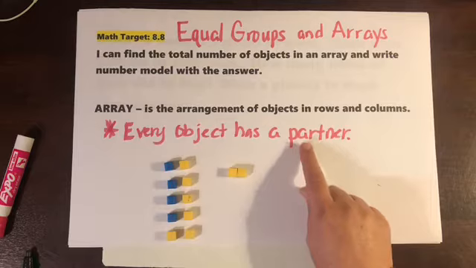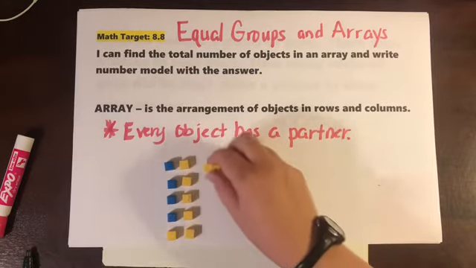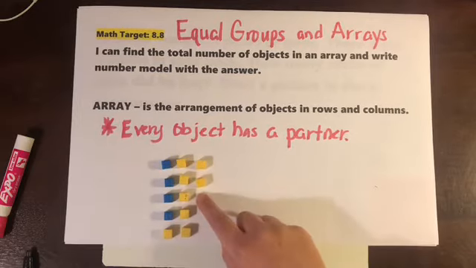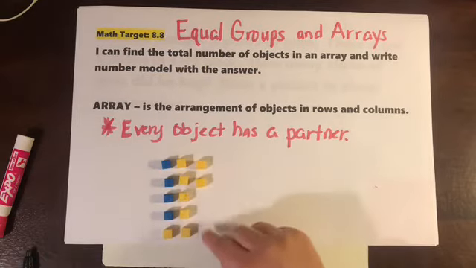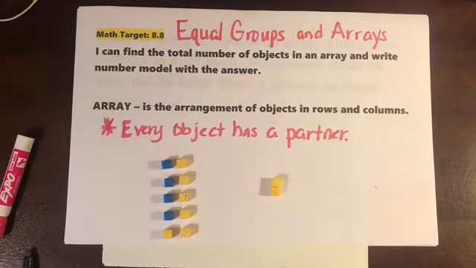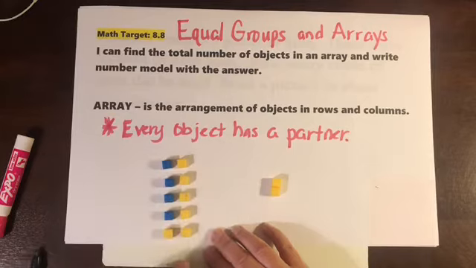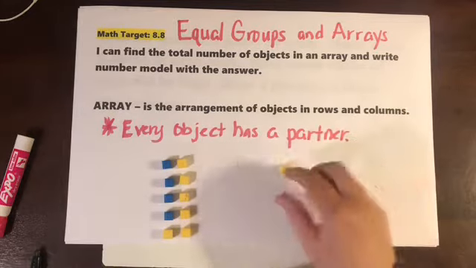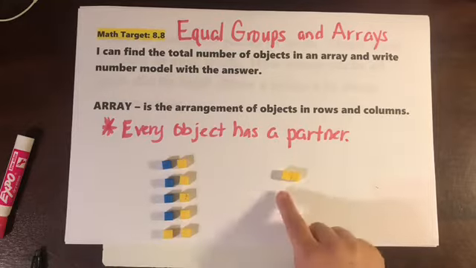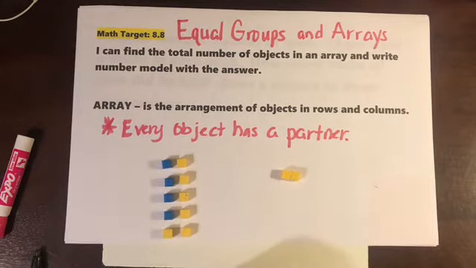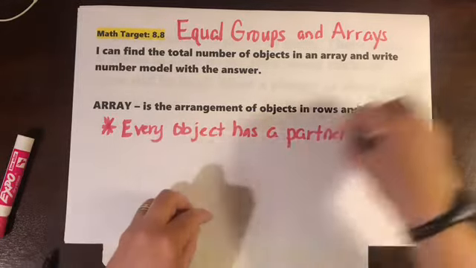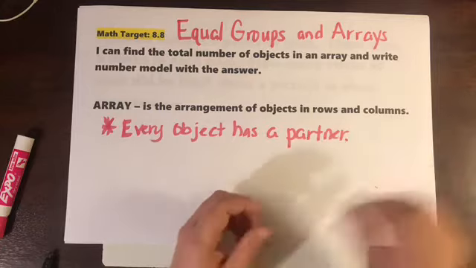So that's why it's important that every object has a partner, because I wouldn't want to leave it like that, because this row would not have a partner to go into with its group. So every object has to have a partner. This would be a 5 by 2 array, but with those extras we can't build a true equal groups array with the number that we have been given. Okay? So I just wanted to make sure that you understand all of them have to be equal groups.